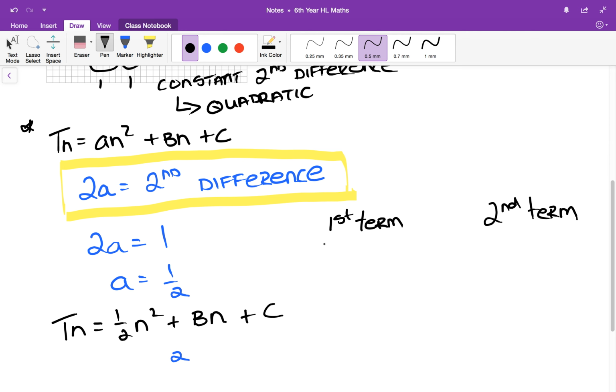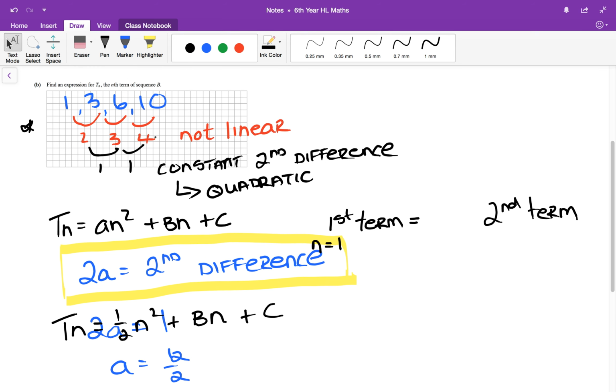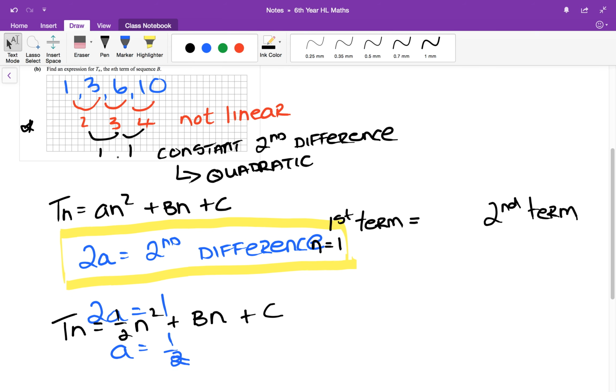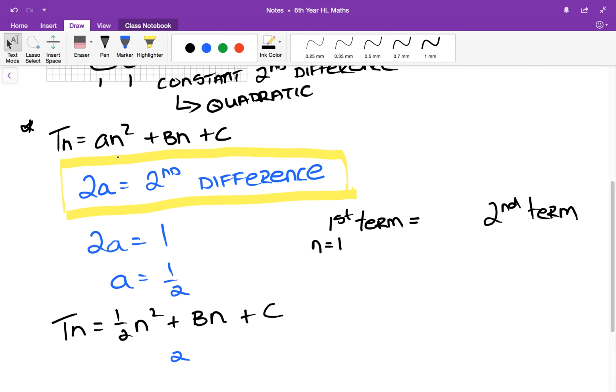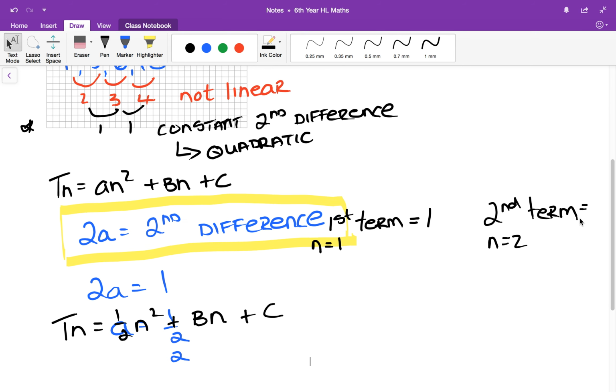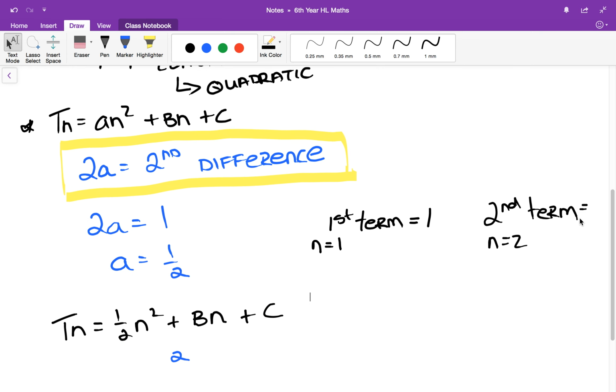When you're talking about the first term, it means that n equals 1, and in this sequence, the first term is 1. For the second term, n is going to equal 2, and the second term in this sequence is 3.